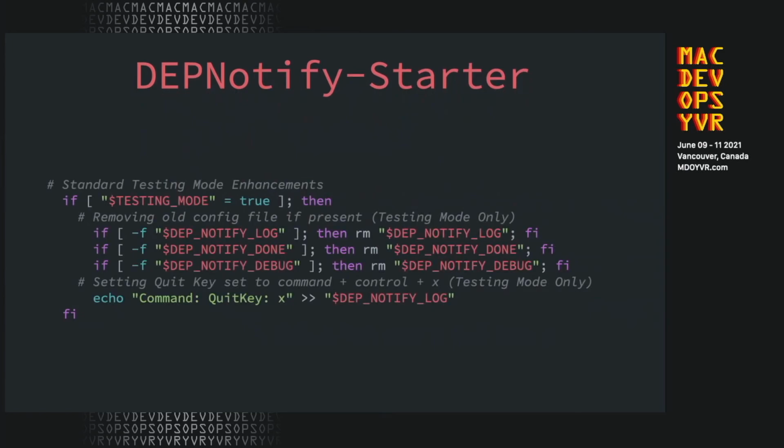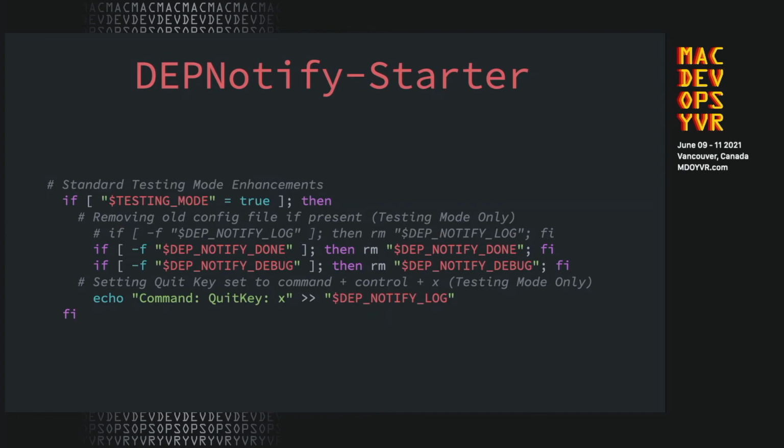So the default behavior of the starter script is to remove the depnotify log when testing mode is enabled. So you can do kind of rapid iteration, but as we're already putting that log onto the device before this script runs, we don't want to remove it.